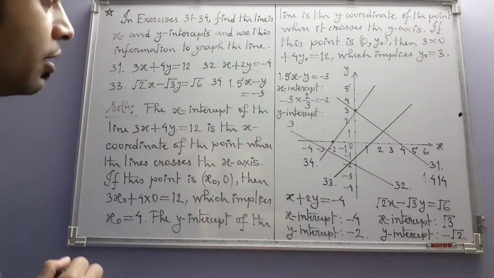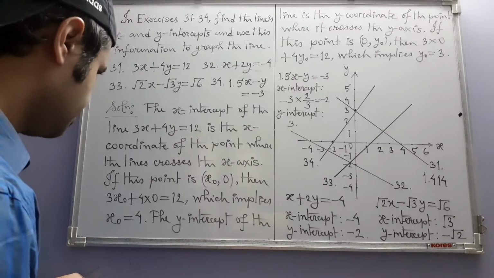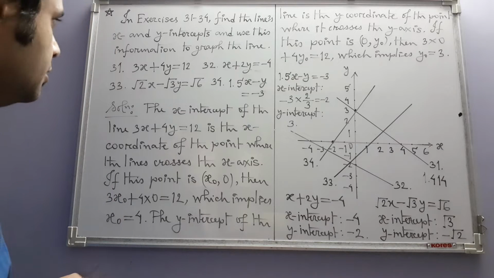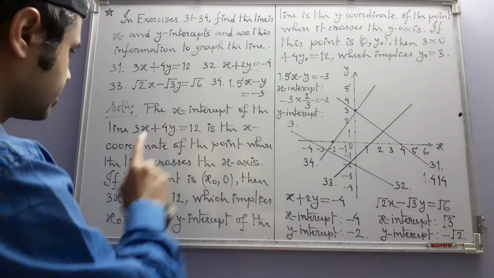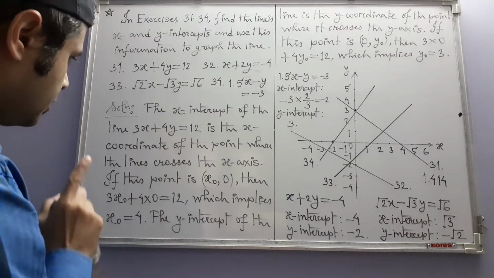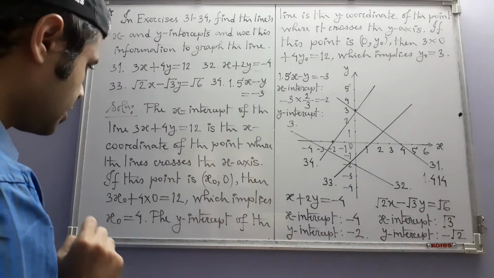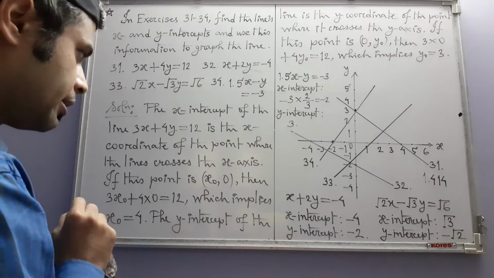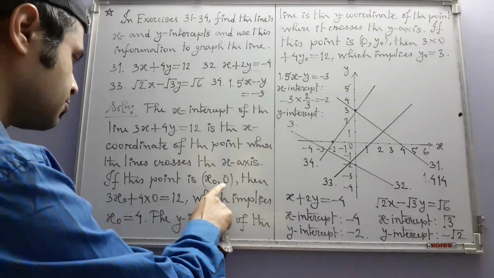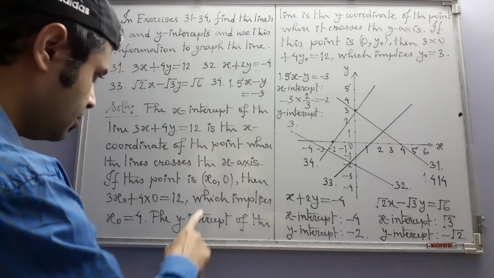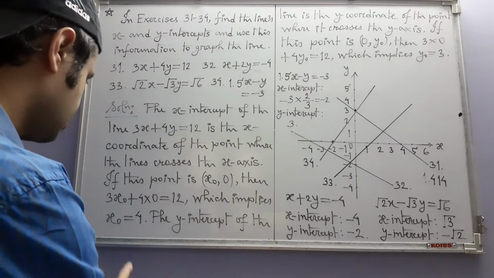I hope I have not made a mistake anywhere. Let me just quickly see the things. The x-intercept of this is the x-coordinate of the point where the line crosses the x-axis. So on the x-axis, any point has y-coordinate equal to 0, fine. So the point will look like this.